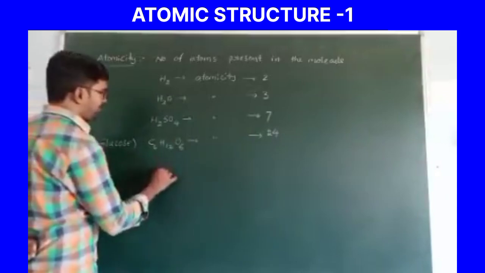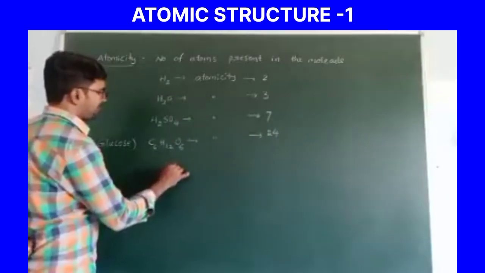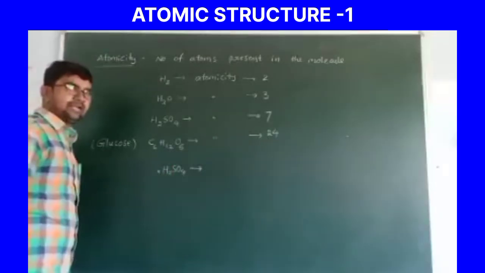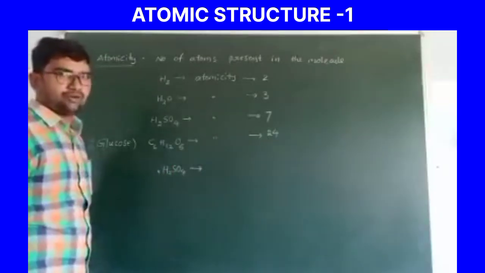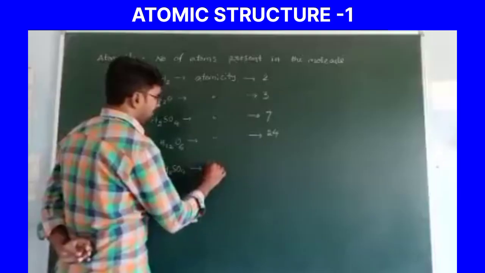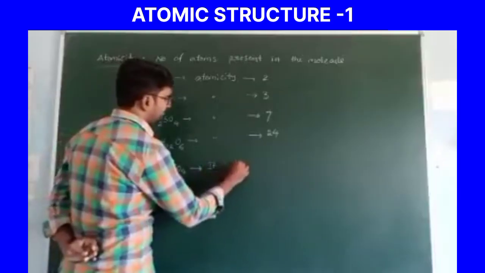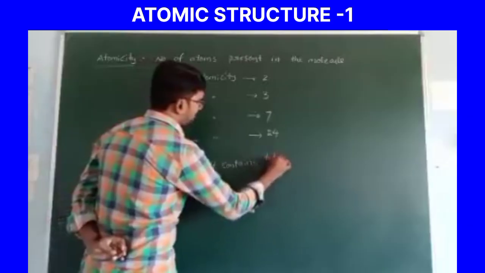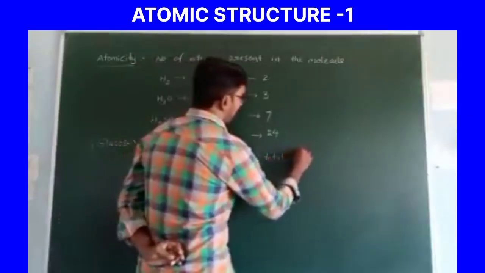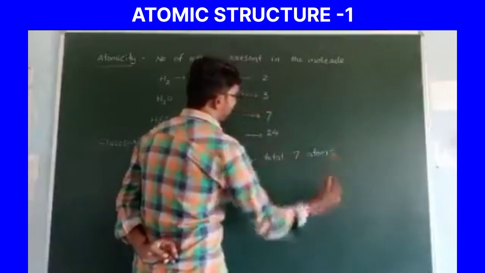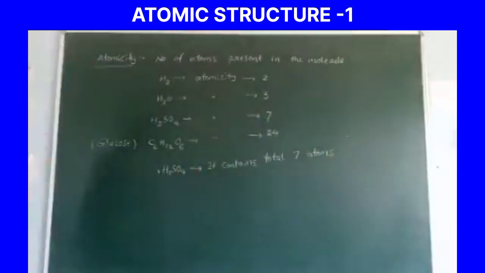For example, in H2SO4 the atomicity is 7, but write about the individual atoms. It contains a total of 7 atoms.